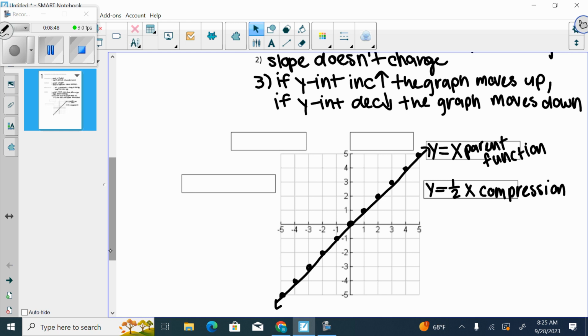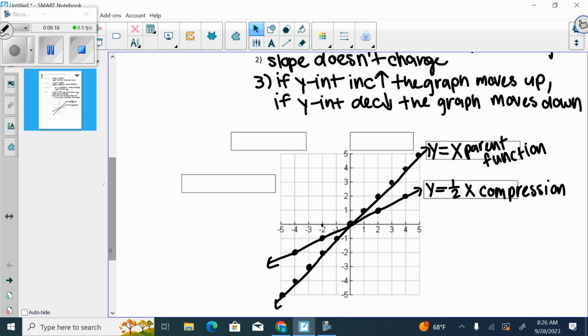So it still starts at 0, 0, but instead of going up 1 and over 1, it's going to go up 1 over 2. And as you can see, that line is compressed or flatter than the one before it, right?